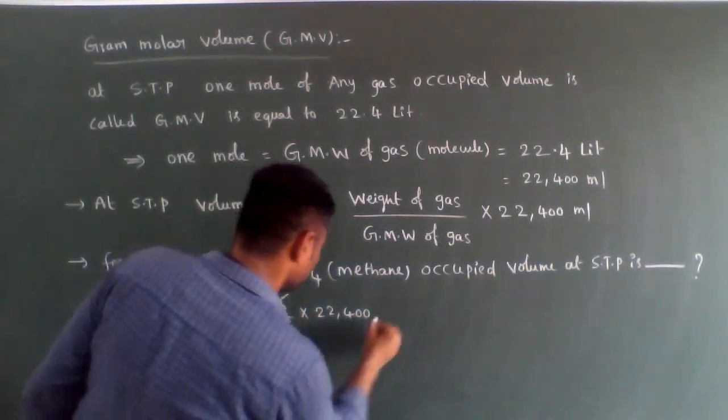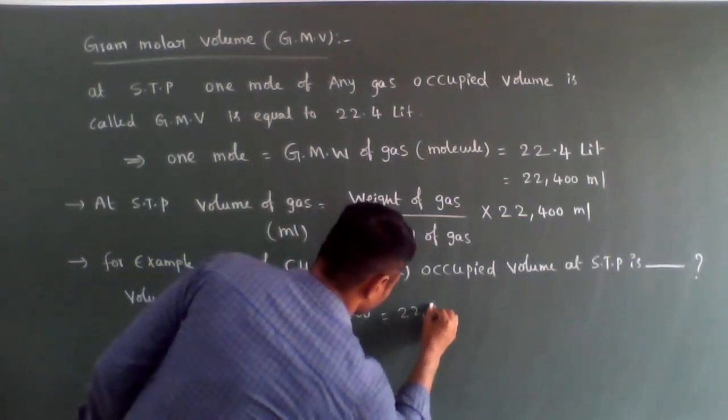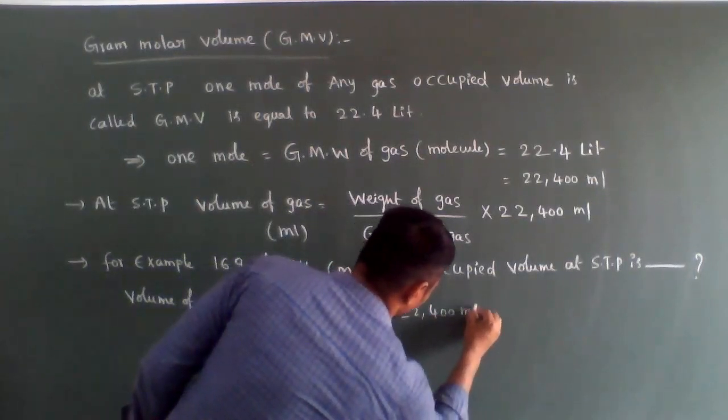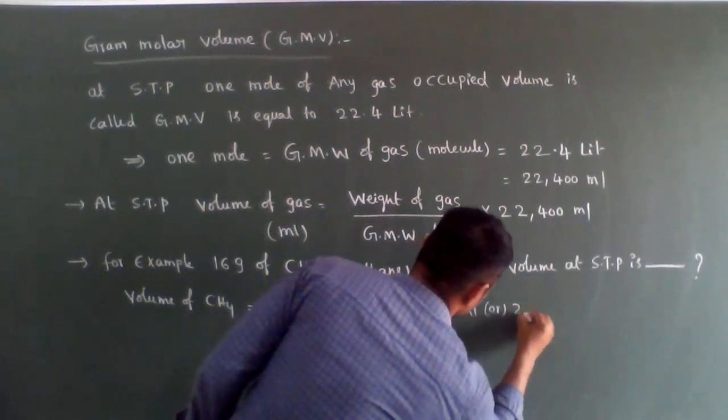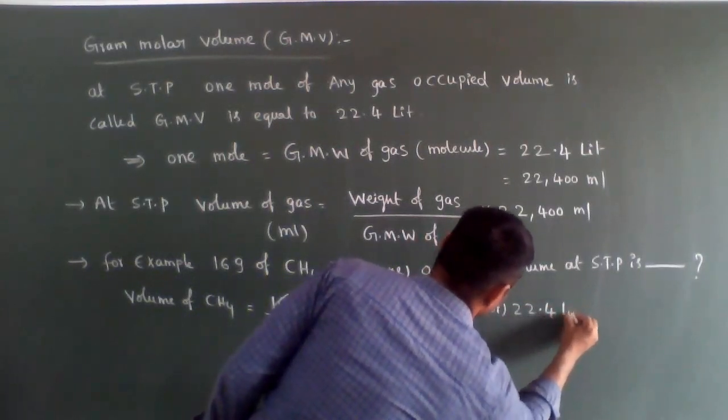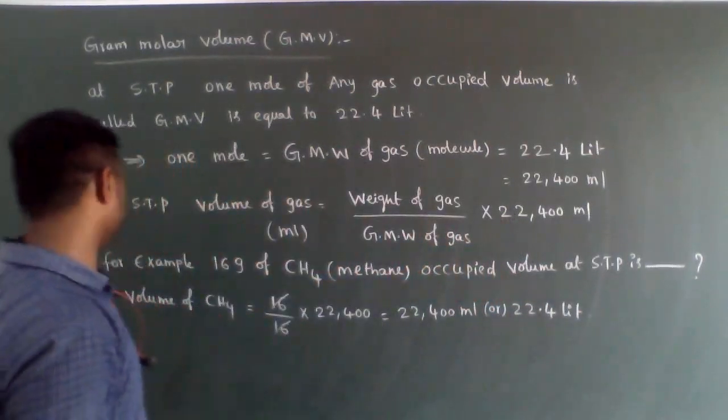The 16 cancels, so it equals 22,400 ml or 22.4 liters.